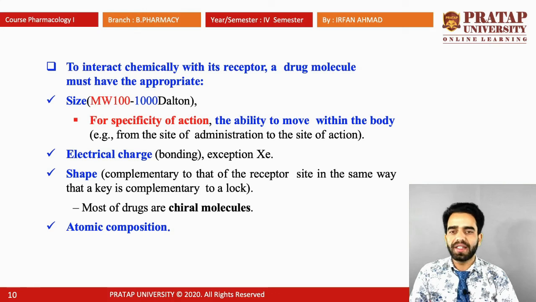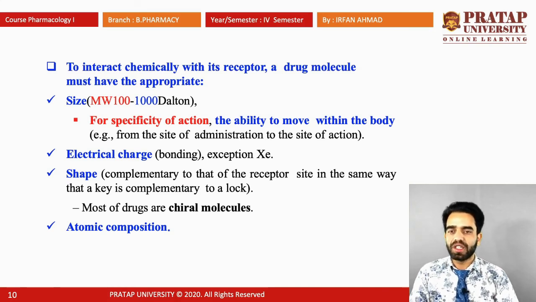And for that, there must be the ability to move within the body. Because of this size, a drug can move from the site of administration to the site of action. For example, if the site of administration is intravenous, then from there to the site of action it must have a molecular weight between 100 and 1000 Dalton, not more and not less.